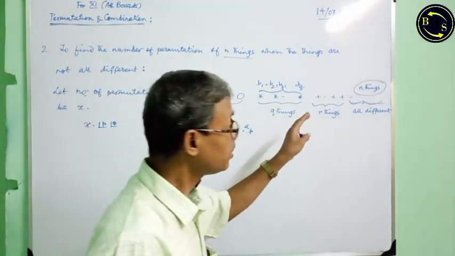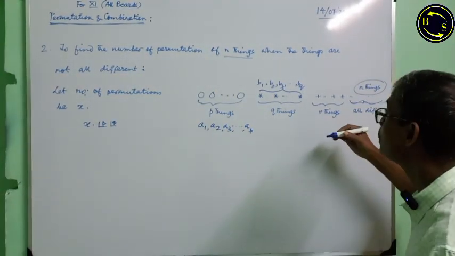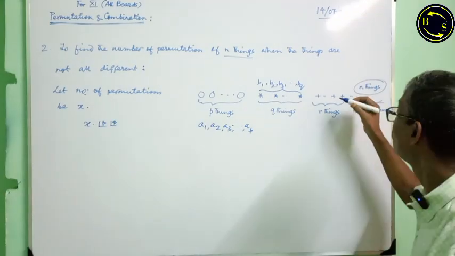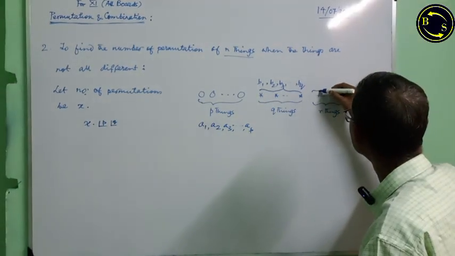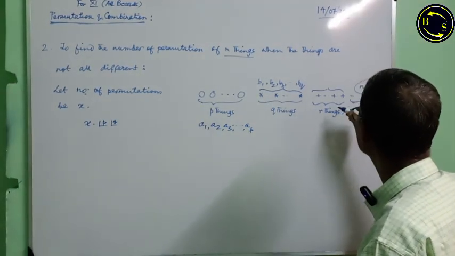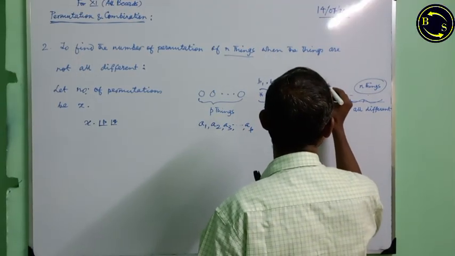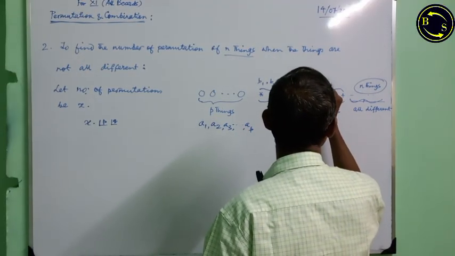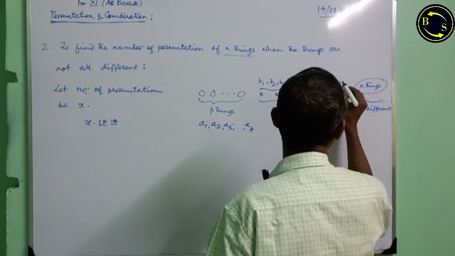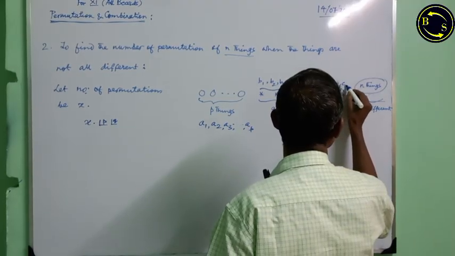Then the next r things which are of same kind are replaced by, say, c1, c2, c3, cr.